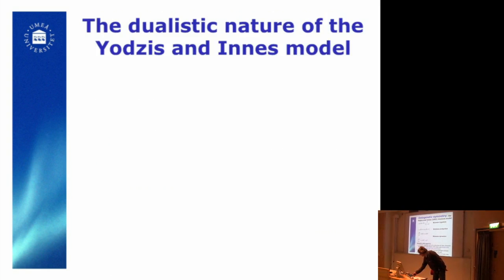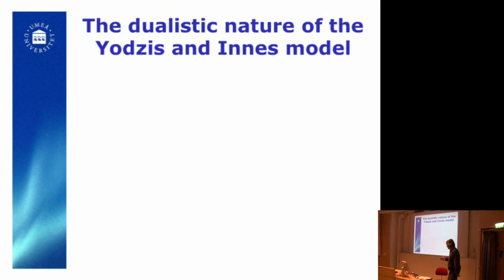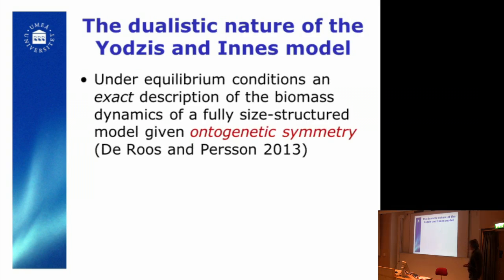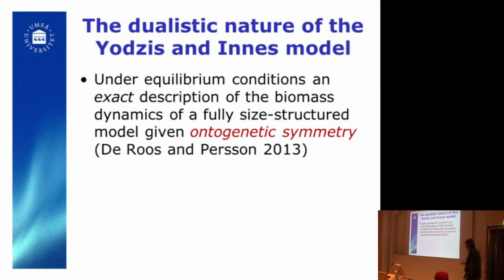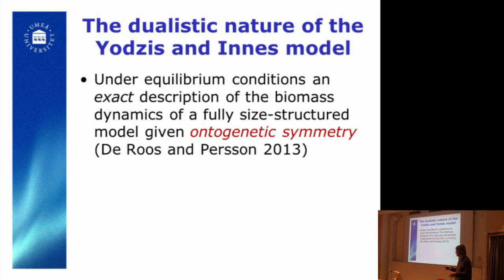The interesting thing with this model is that it has a dualistic nature. Why? Because under equilibrium conditions, it is an exact description of the biomass dynamics of a fully size-structured model that takes into account explicitly ontogenetic development, under the condition that we have ontogenetic symmetry.